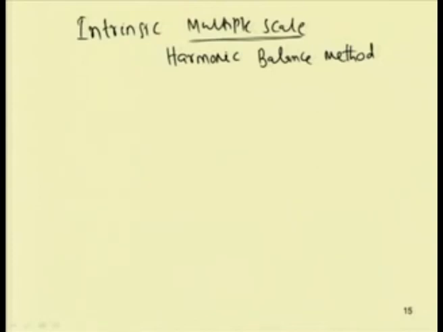So, let us take a governing equation in this form: x double dot plus alpha 1 x plus alpha 2 x square plus alpha 3 x cube equal to 0. Now, in case of the method of multiple scales, generally we take time terms T n, which is equal to epsilon to the power n times t.